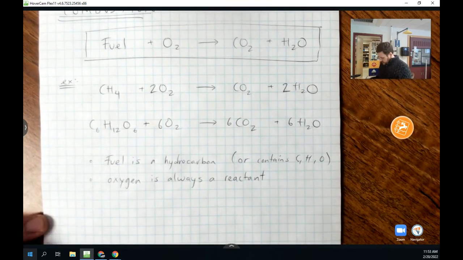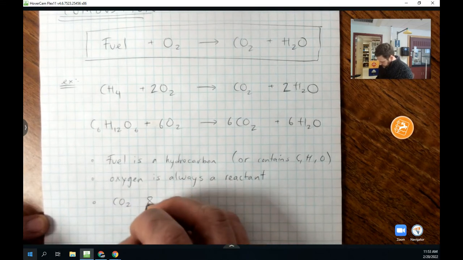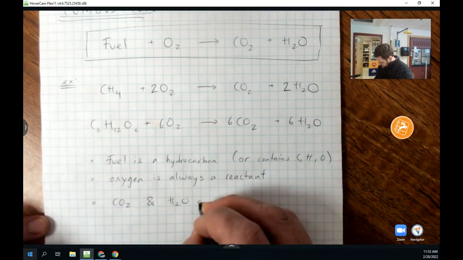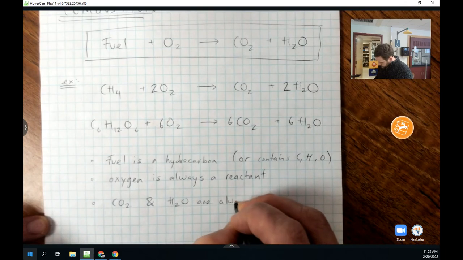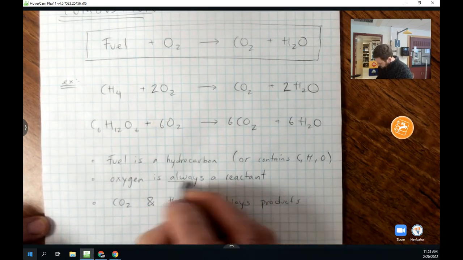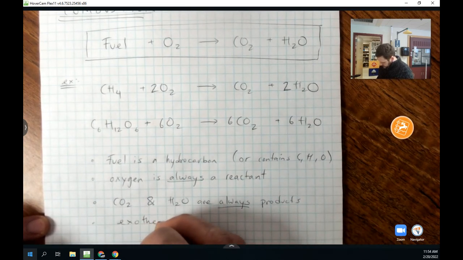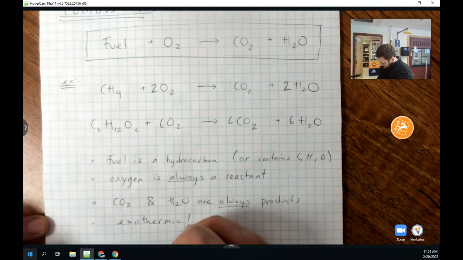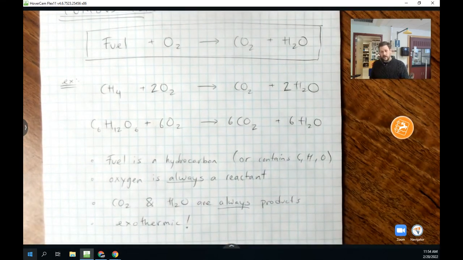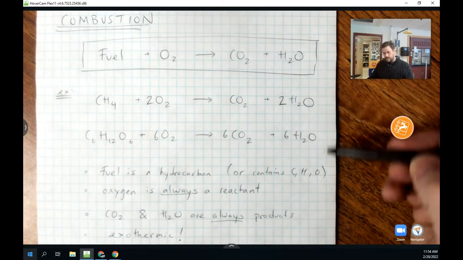The other note that I wanted to make here is that CO2 and water are always products. And these are exothermic reactions. As you might have guessed, burning things releases heat and light. So those are examples of combustion reactions.